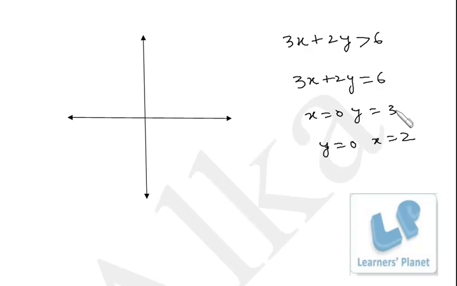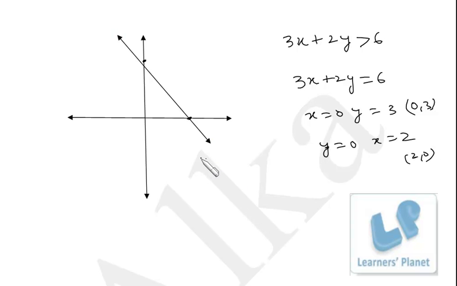That means this line will pass through 0, 3 and 2, 0. So this is the point 2, 0, and this is the point 0, 3. I just draw the line that is passing through these 2 points.